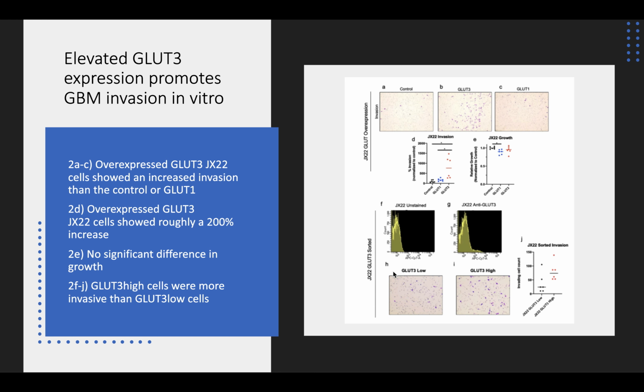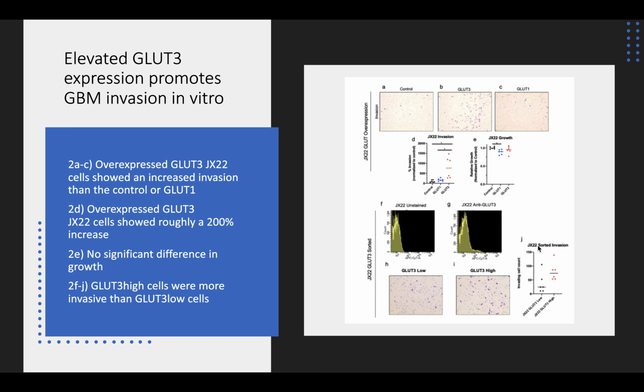In figure 2H, again as it pertains to JX22 GLUT3 sorted, this is GLUT3 low. And in figure 2I, this is GLUT3 high.